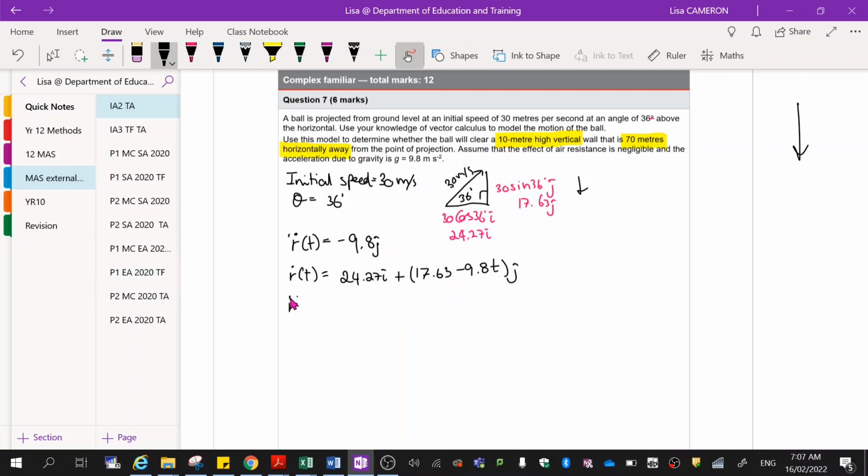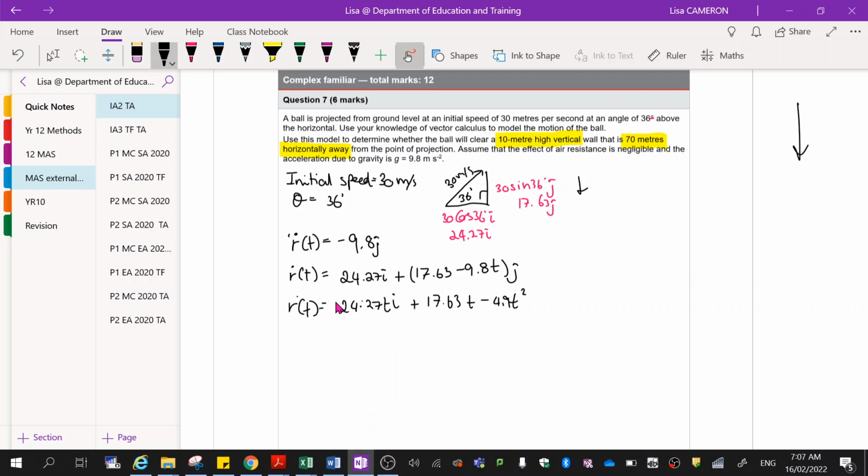Last thing we're going to do is integrate this function to find out what our displacement or position vector is. That's just going to be 24.27 t I plus, bracket, 17.63 t minus, and when I integrate this one, the t becomes squared and divides by 2, so that front number, when I halve it, becomes minus 4.9.